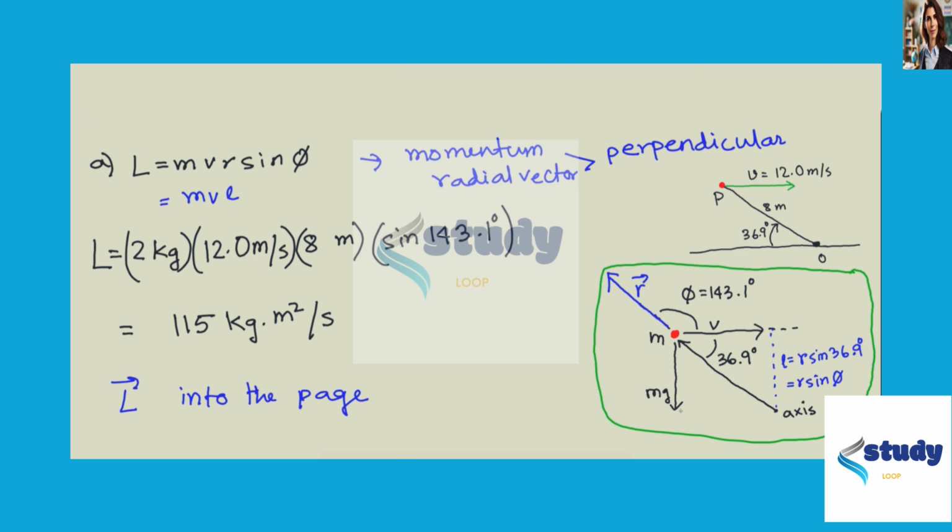The perpendicular component to mg will be this component right here, which is r cosine 36.9 degrees. So all we have to do is multiply force times the perpendicular component of the radial vector, and that will give us torque.